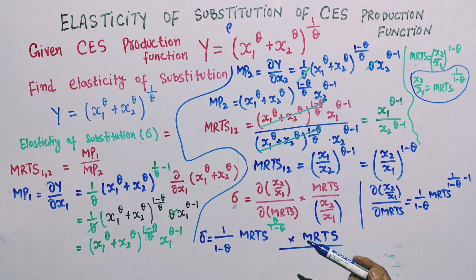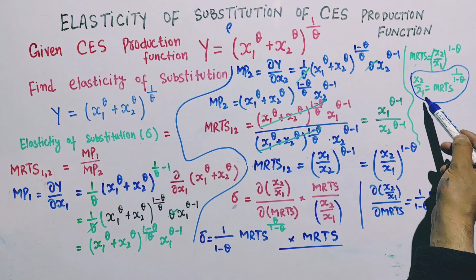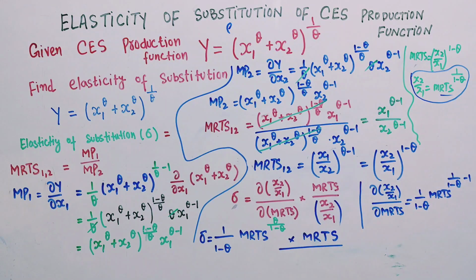Let us see what x2 upon x1 is. It is MRTS raised to the power 1/(1 − θ).